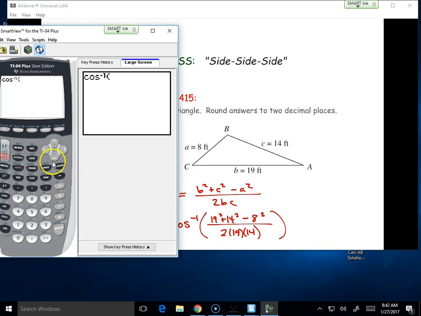Some of you, if you were just trying to type it, would forget the entire numerator needs to go in parentheses. So you have to do a big old parentheses for the numerator: 19 squared plus 14 squared minus 8 squared, close parentheses, then do your division. Or you could just use the nifty fraction bar, unless you have one of those old-fashioned ones with the yellow button.